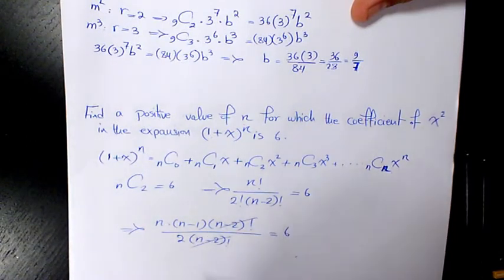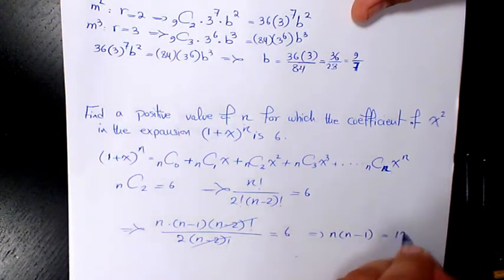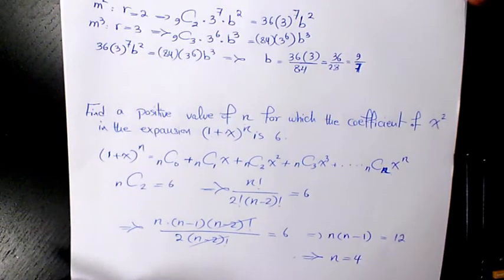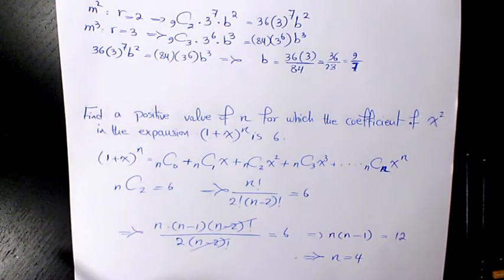These two cancel out. When you rearrange it, n times (n minus 1) equals 6 times 2, which is 12. It means that n is 4. So n is the value of the exponent, the index of this binomial expression. Let's look at the next example.